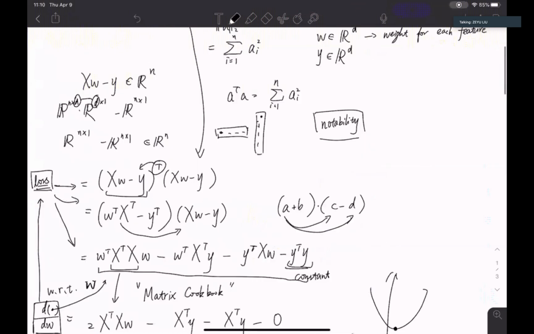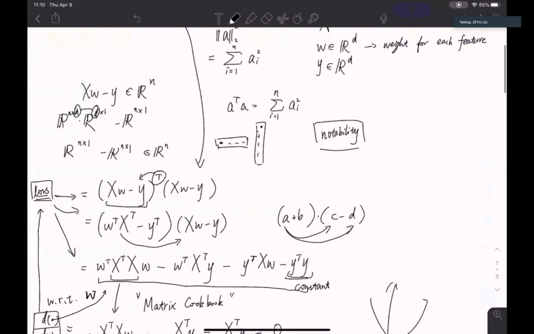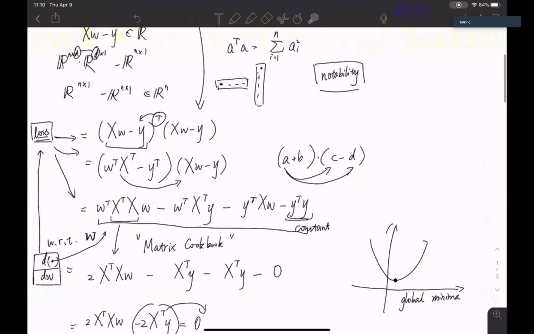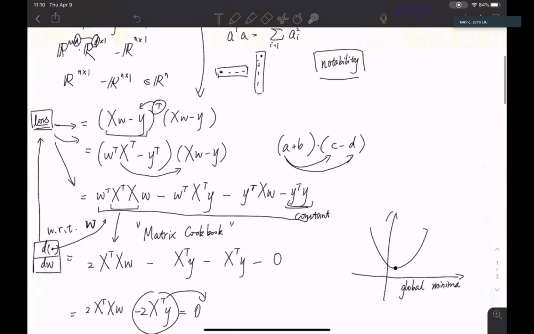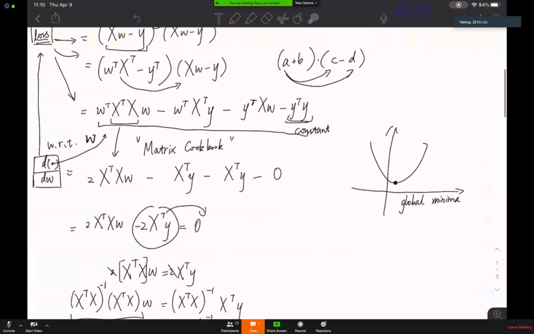Another reason that we write this squared norm into the transpose is that it helps us to derive this derivative formula.